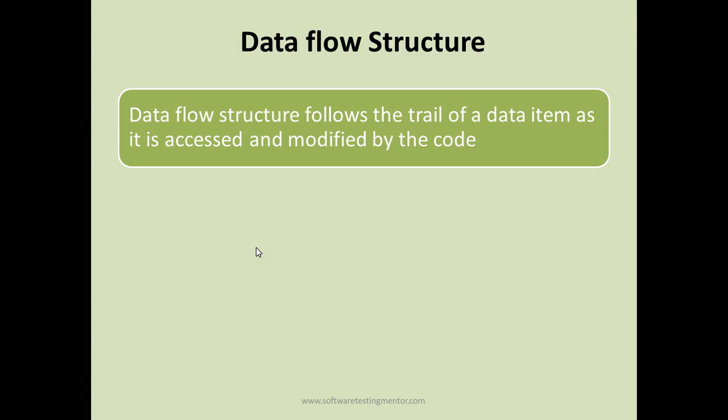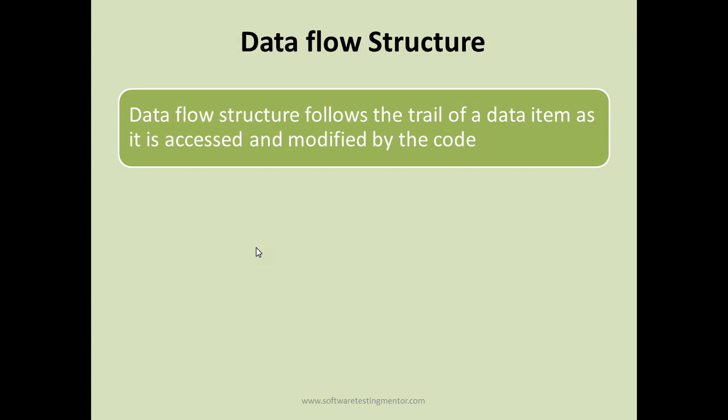Then data flow structure follows the trail of a data item as it is accessed and modified by the code. So you check a data item and then you verify how that data item is being modified when it is accessed by the code.